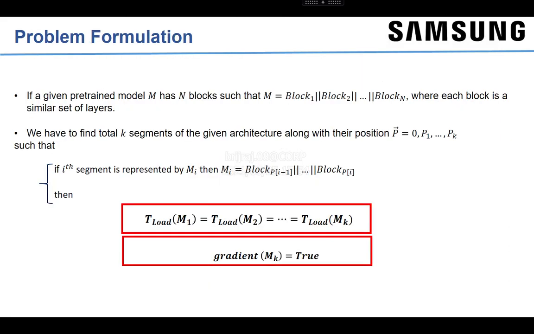So the idea says that if we have 100 layers in one DNN model, right? If we could segment it into 4 child models, each with 25 layers, and load all of them in parallel rather than loading one big model of 100 layers, we will be loading 4 child models each with 25 layers.